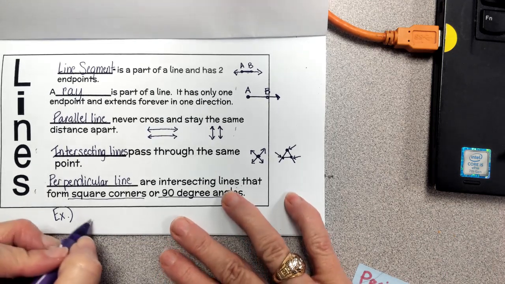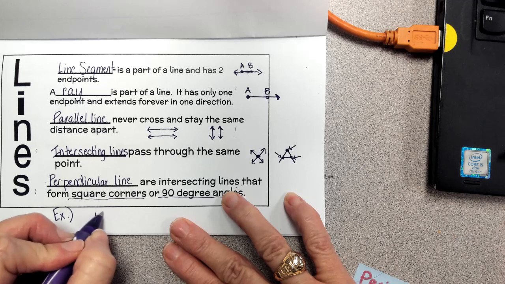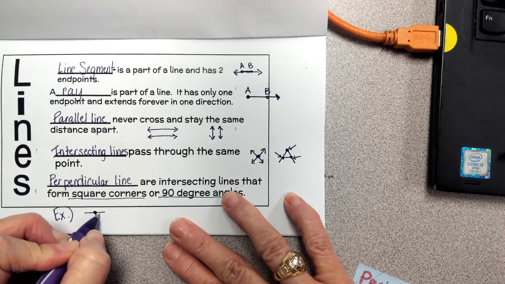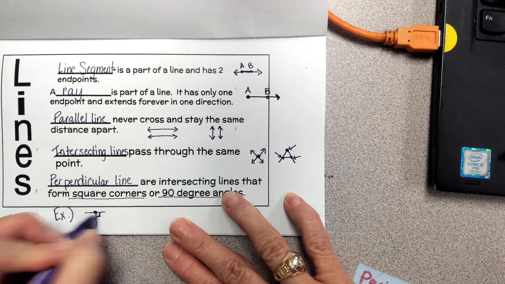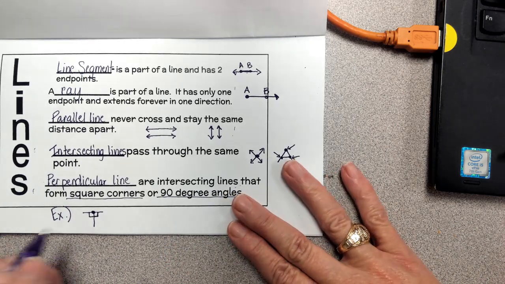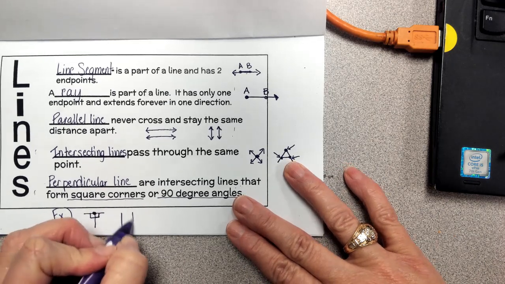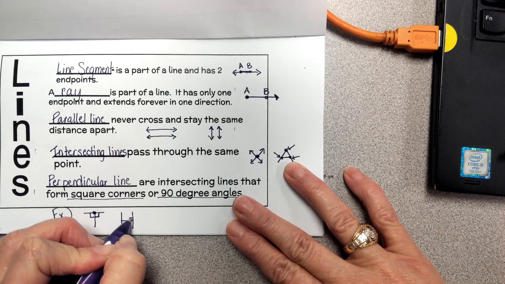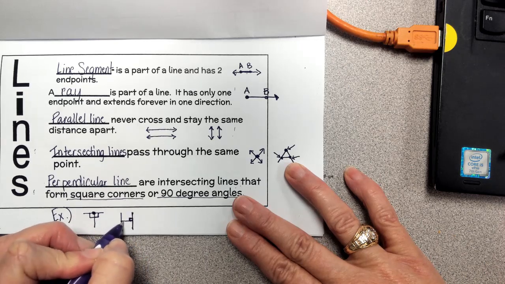And so one of the most common ones I can think of is the capital letter T. So when we have that intersection, we have that 90-degree angle here on both sides. Another letter that I can think of that's a great one to use would be the letter H, because where they intersect, you have 90-degree angles here.